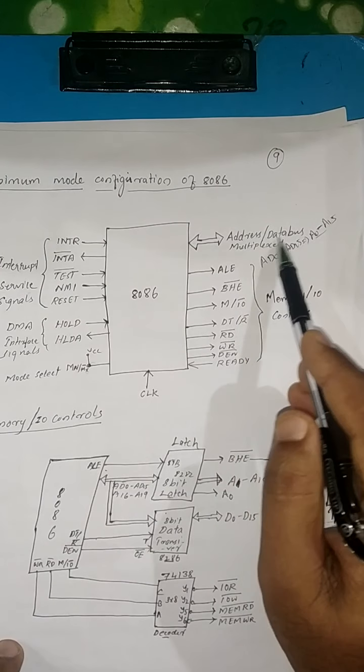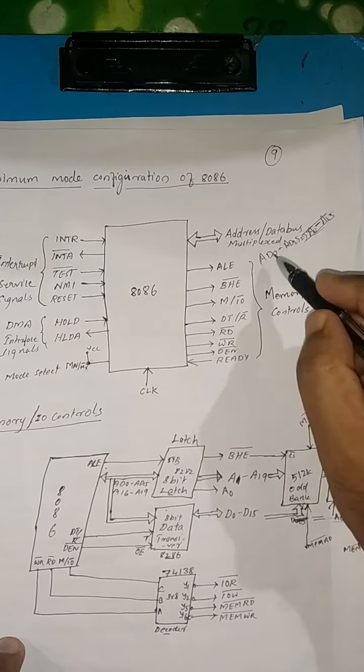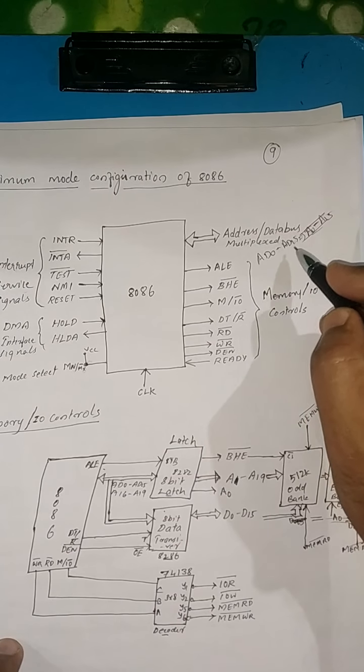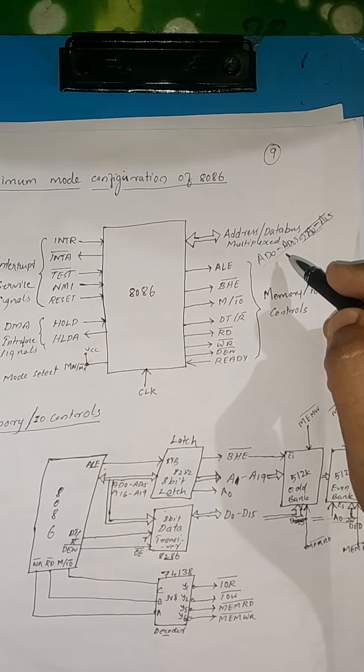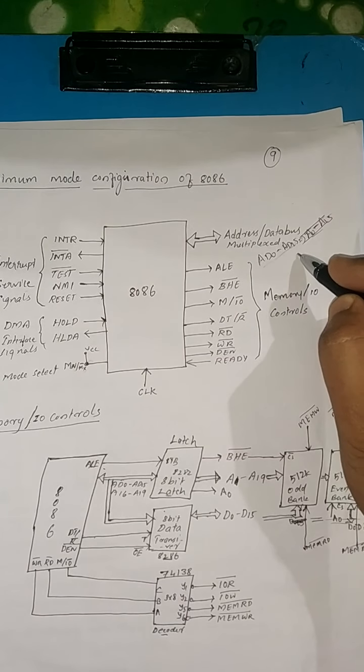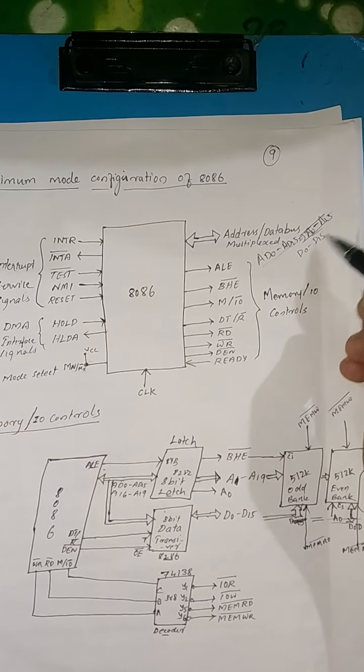Here we have the address and data bus, which is multiplexed. In the first clock cycle it is acting as the address bus. Once it points to the address, then we can use it as the data bus. So in the second clock cycle it is acting as the data bus, D0 to D15.